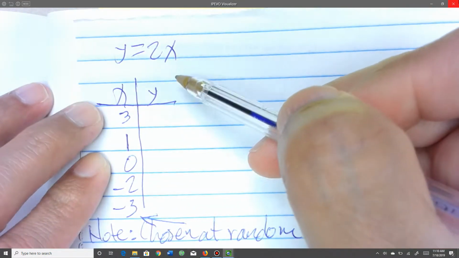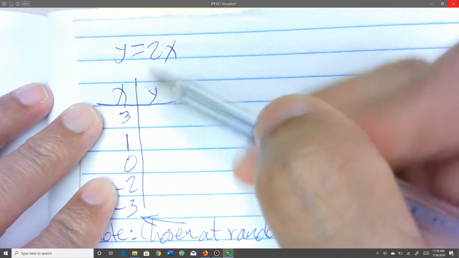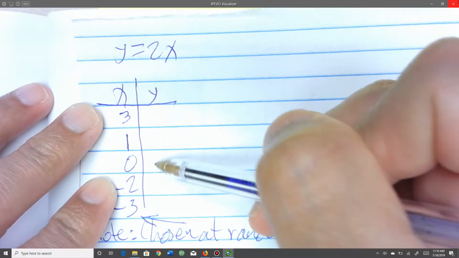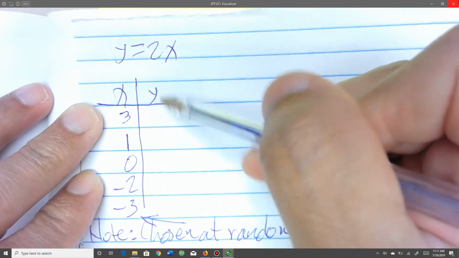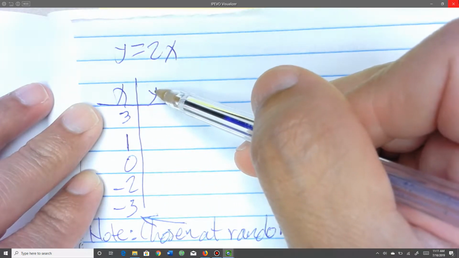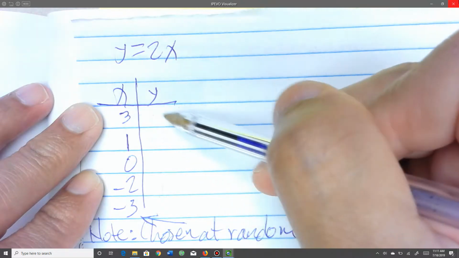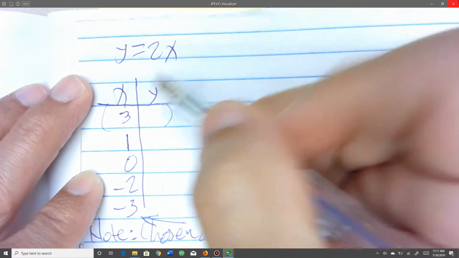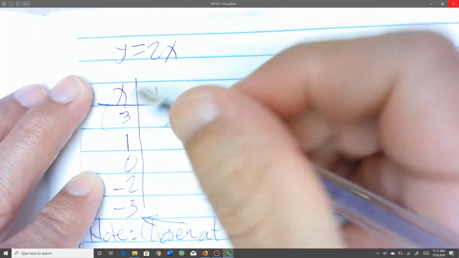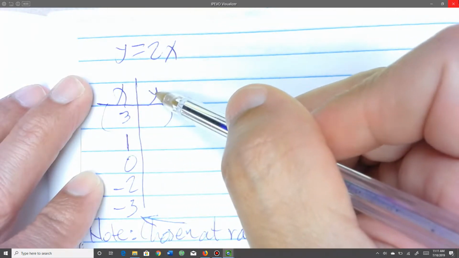Okay, so the next step is to find the y values. Since I chose my x values at random, I need to find the y values. In other words, these are going to be ordered pairs, right? Because remember that your ordered pairs have x and y values.